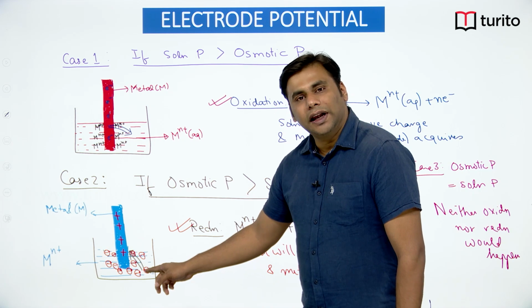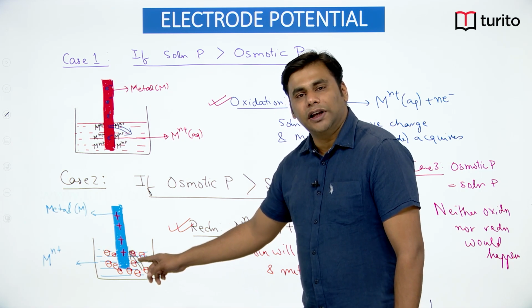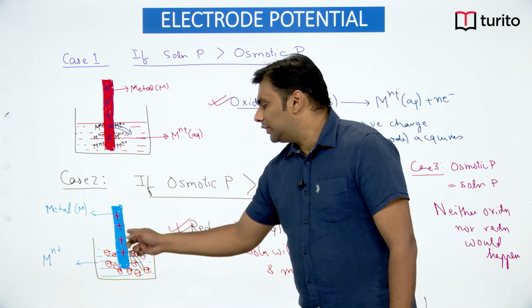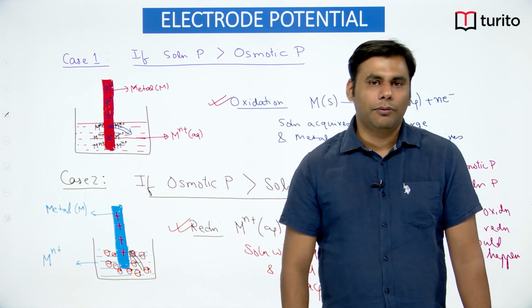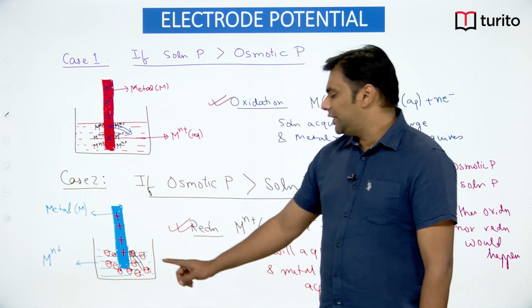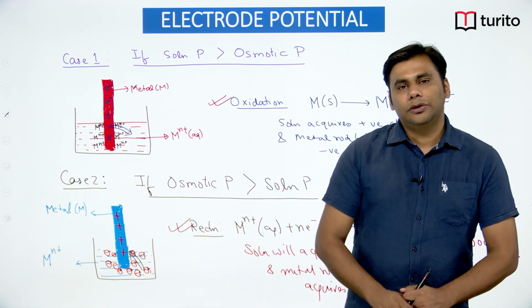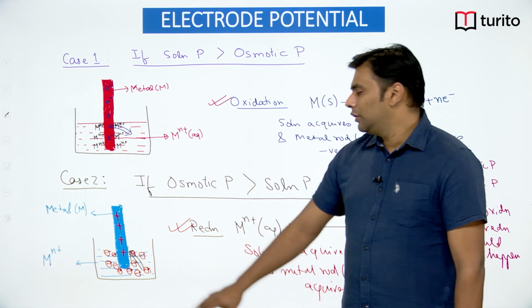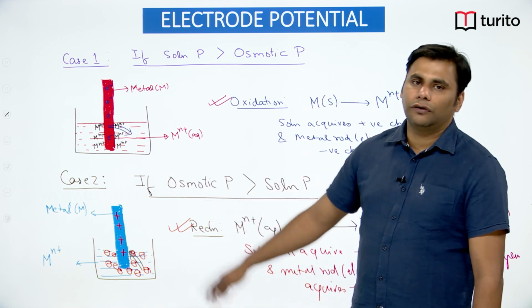Metal ion will take up the electron and get reduced into the metal, which will get deposited at the electrode. When reduction is happening, the positive charge in the solution is decreasing because some of the cations are getting reduced. So the solution will acquire negative charge, and the rod will have a positive charge.